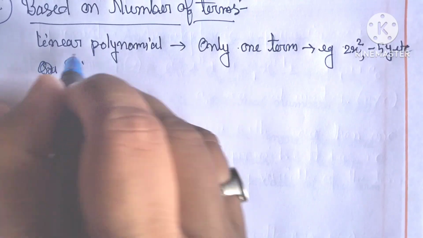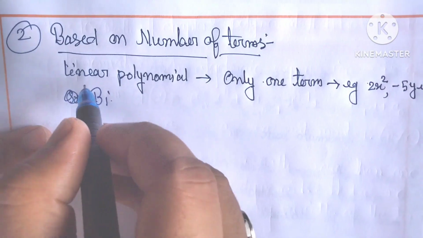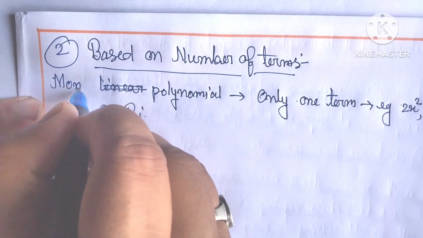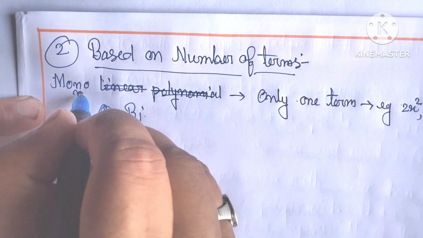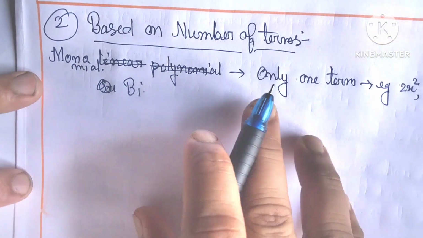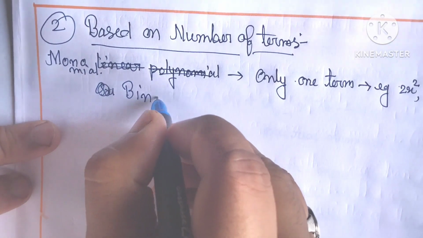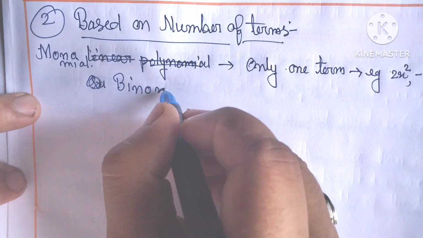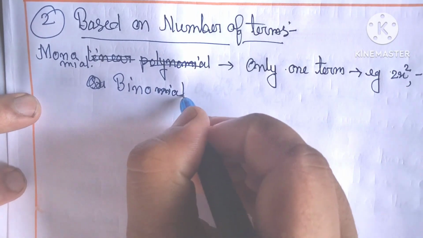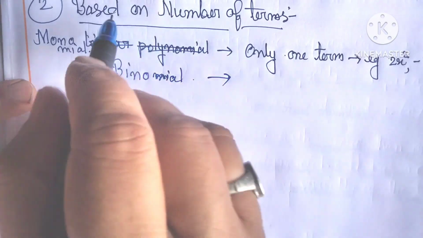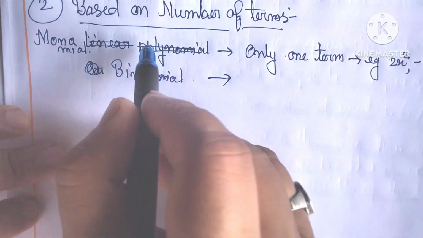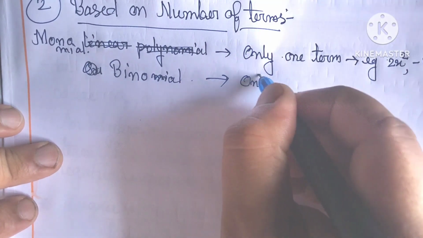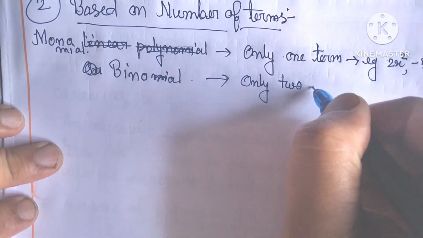Monomial has only one term, and binomial, bi means two, means only two terms.